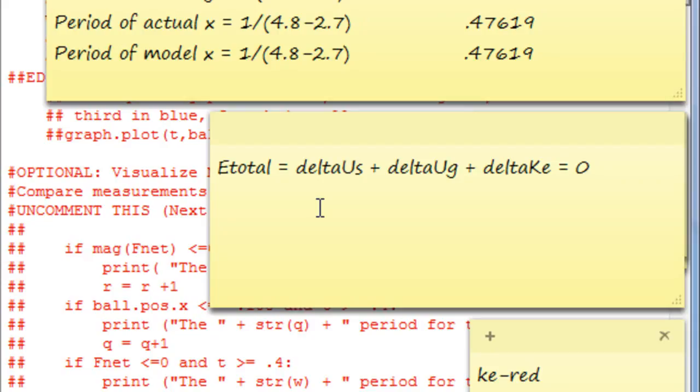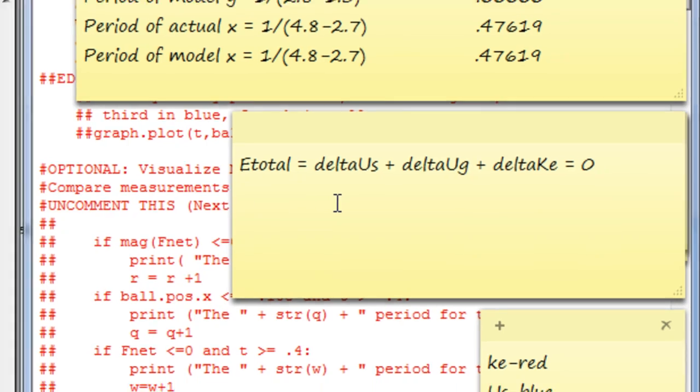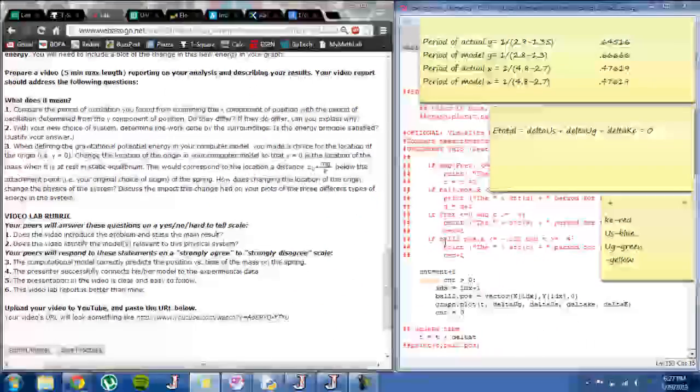Since no work is being done on the system, the total energy, which is equal to the work, is 0. So there's energies going on inside the system, but they're all going to cancel out because there's no energy being put into the system. So conservation of energy, delta E has to equal 0.